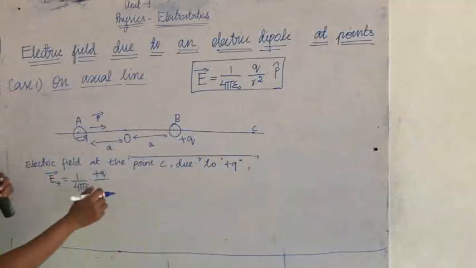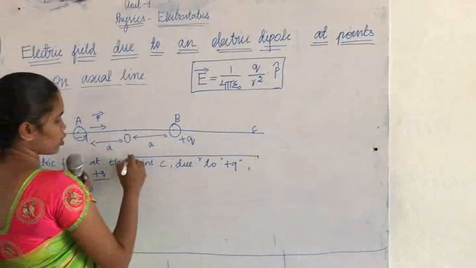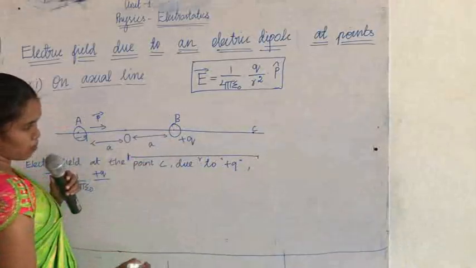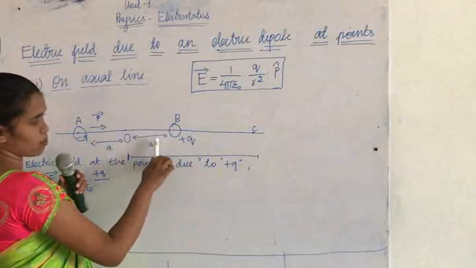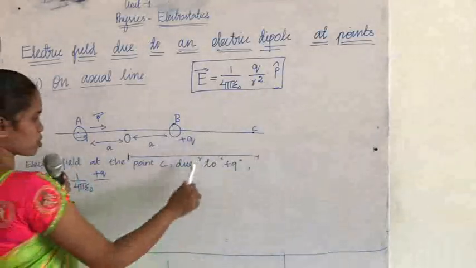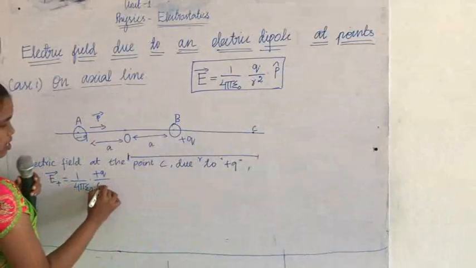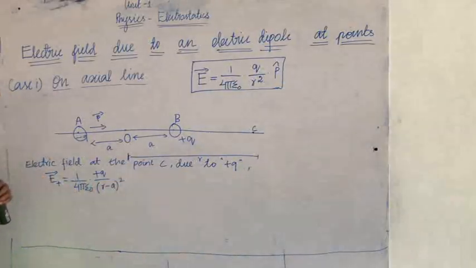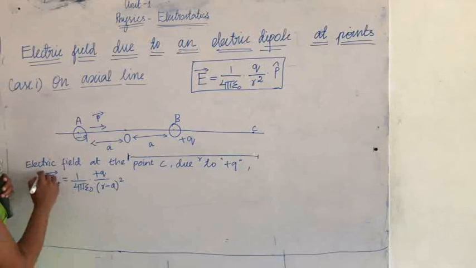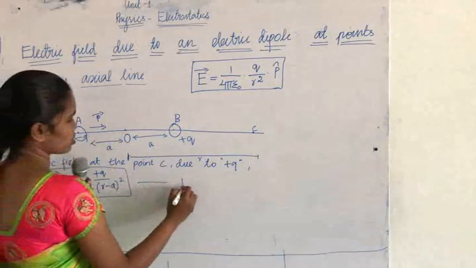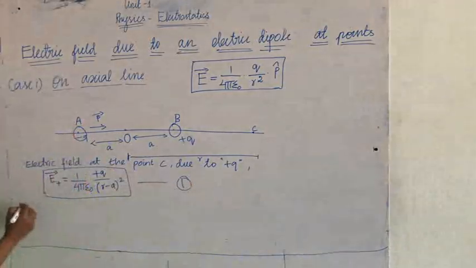But we know the distance of O and C and the distance of O and B. By subtracting, r minus a, we get the distance B and C. So we write here r minus a the whole square. This is equation 1.